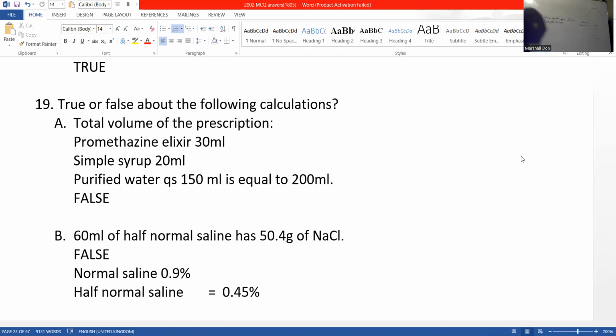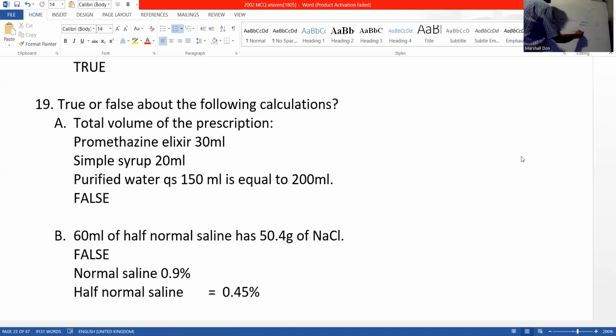Again it says purified water QS 150 ml. Purified water, quantity sufficient to make 150 ml.